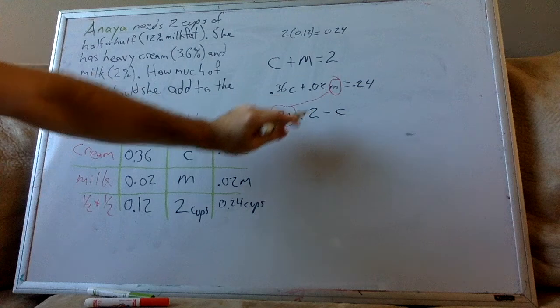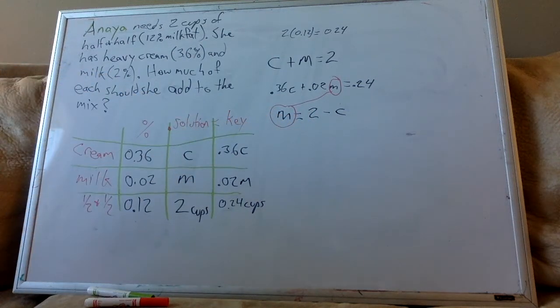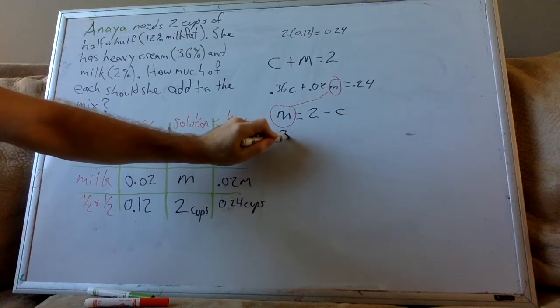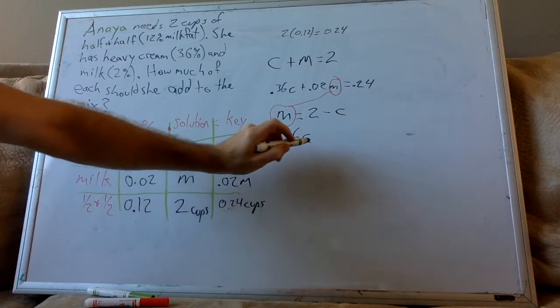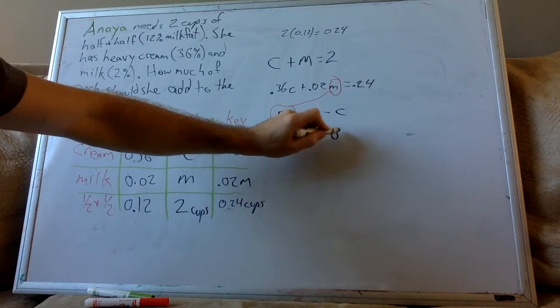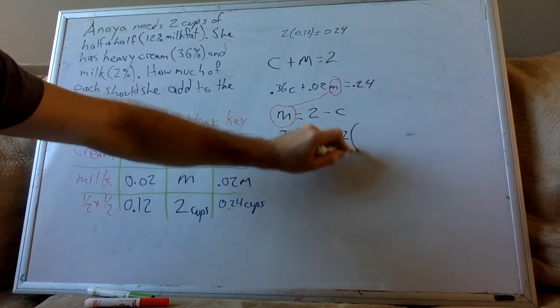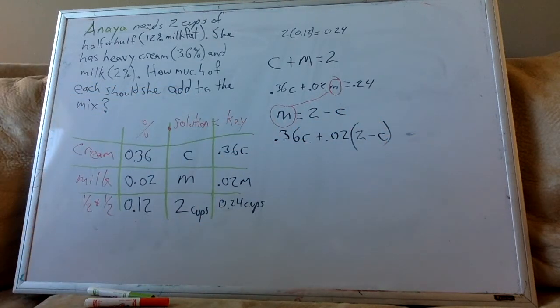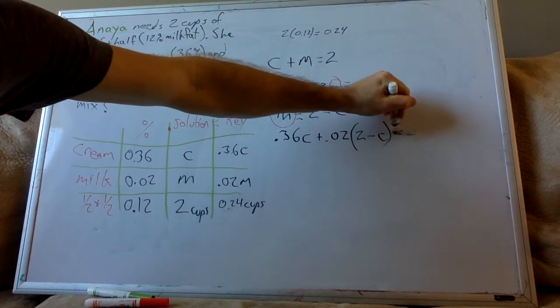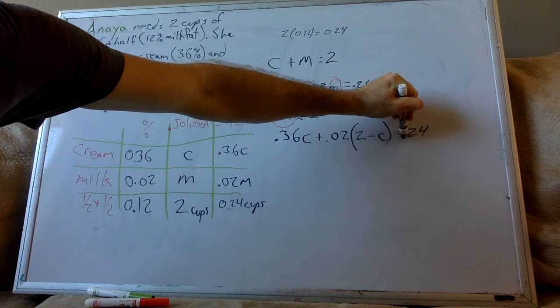So instead of M, I can put 2 minus C. So I have 36 hundredths times the amount of cream, plus 2 hundredths times 2 cups minus the amount of cream, and that still gives me my 24 hundredths of a cup.